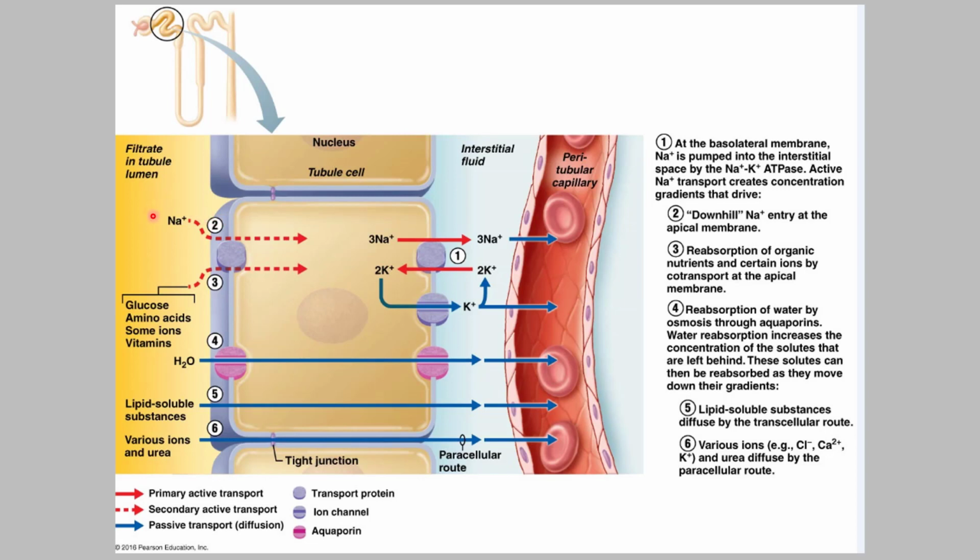Some of it is going to come in through leaky channels. Some of it is going to come in through co-transporters. And some of those co-transporters are bringing in sodium and glucose. Some bring in sodium and amino acids. Some bring in sodium and vitamins.